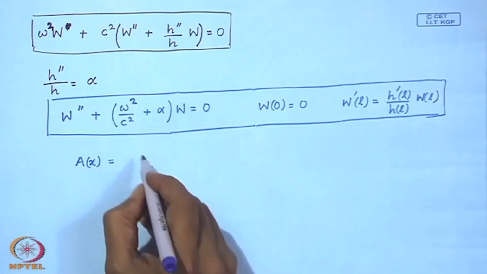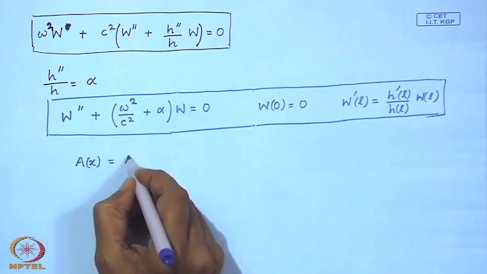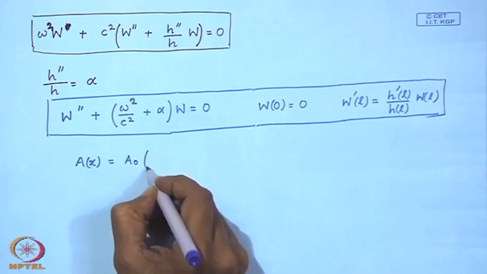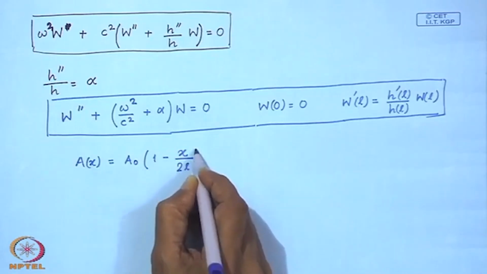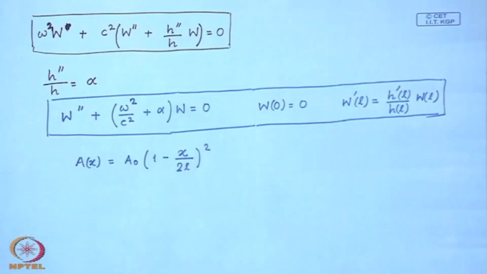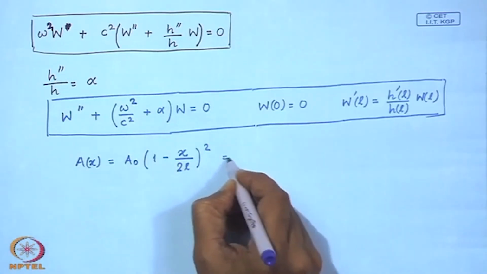So, in that case the variation of the cross sectional area may be expressed as A 0 times this. Remember that this is h square.